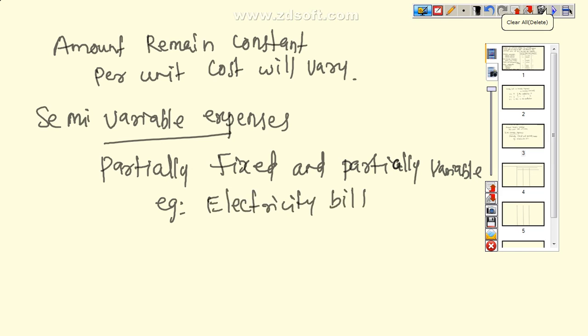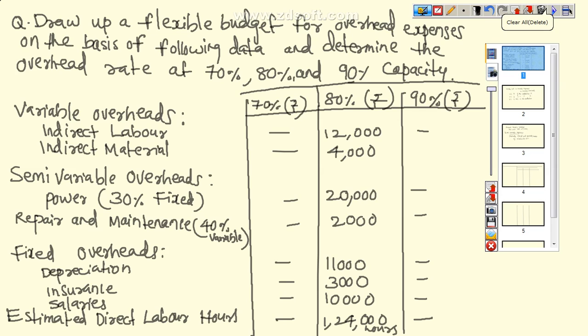Here we have to pay the fixed amount whether we consume electricity or not. And after that fixed charges, the charges may increase according to the consumption. So if any expenses are given in the question with fixed or variable proportion, that comes under semi-variable expenses.